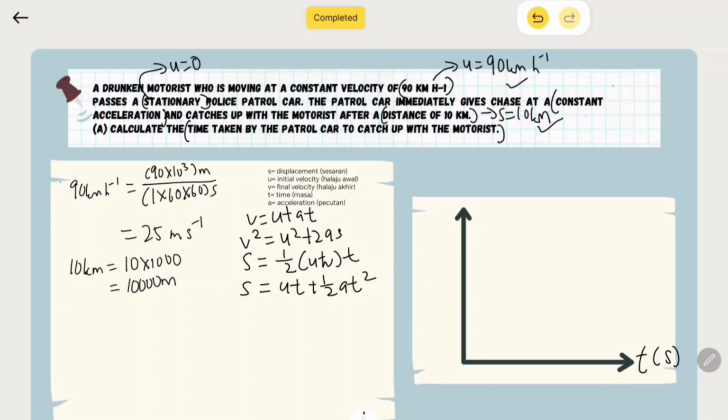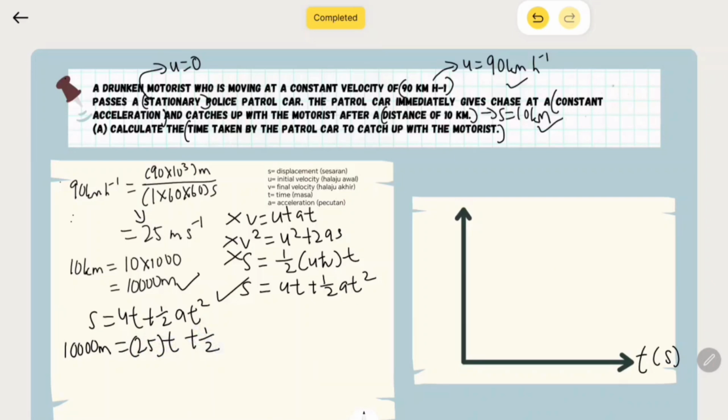Since for this question we don't know the final velocity of the drunken motorist as well as the police patrol car, we cannot use these 3 equations, and we actually solve with this equation. So s equals ut plus 1 over 2 at squared. s is equal to 10,000 meter, and u is equal to 25 meter per second. t is the thing we need to find, plus 1 over 2 of a.